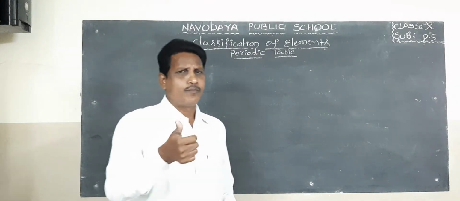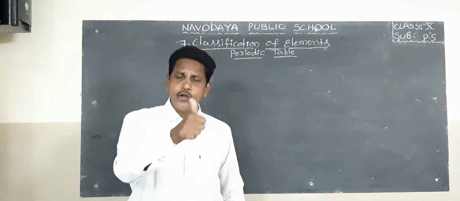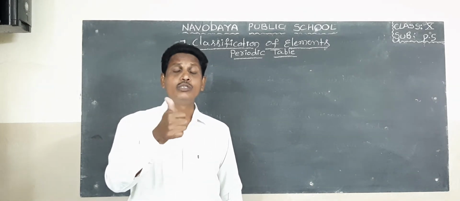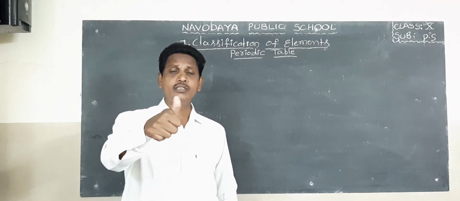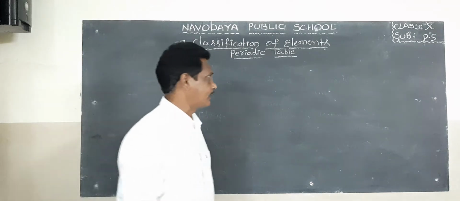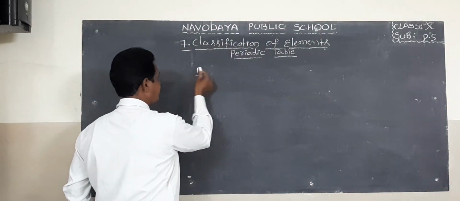Now, the factors affecting the ionization energy and electron affinity. Which factors affect the ionization energy and electron affinity? First one is nuclear charge.